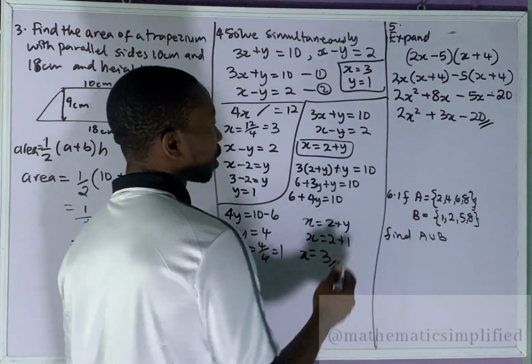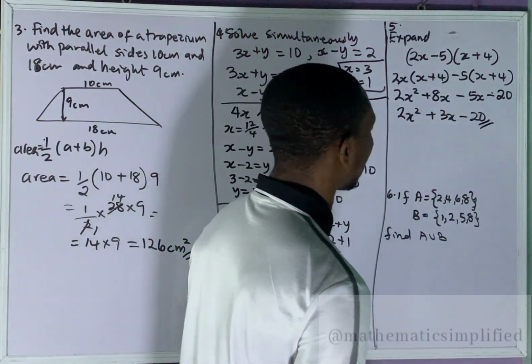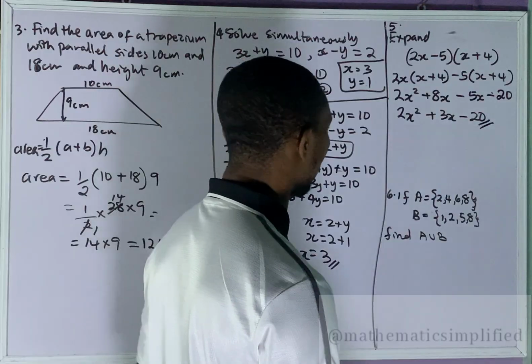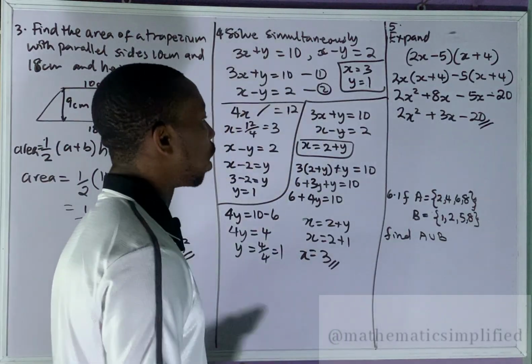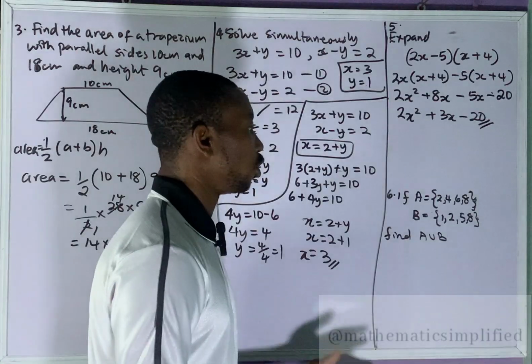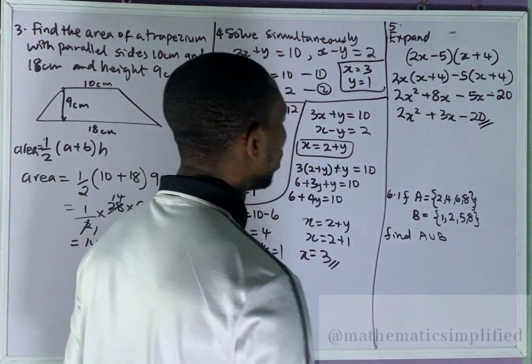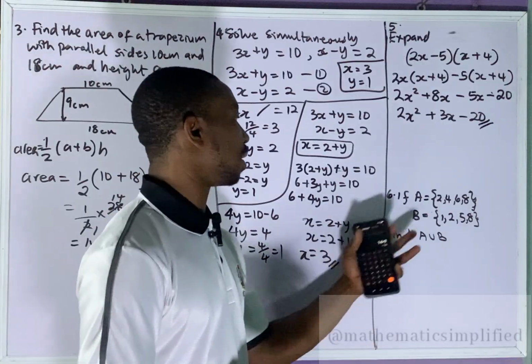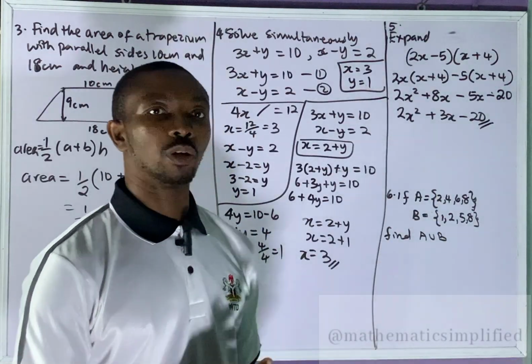Now, our next one says if set A is 2, 4, 6, 8, and set B is 1, 2, 5, 8, find A union B. Now, union simply means merging all our elements in both A and B together.